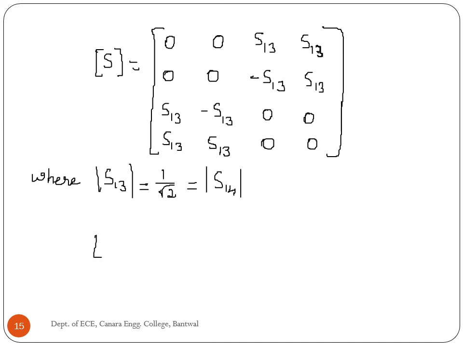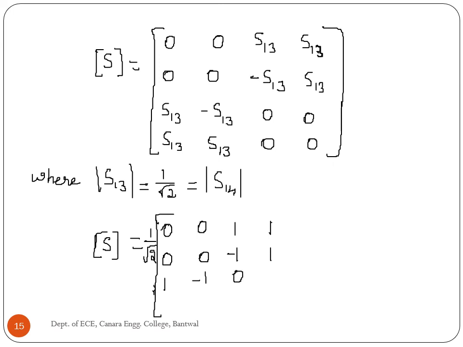Therefore, the final S matrix for magic T is given by 1 by root 2 into 0, 0, 1, 1, 0, 0, minus 1, 1, 1, minus 1, 0, 0, 1, 1, 0, 0.